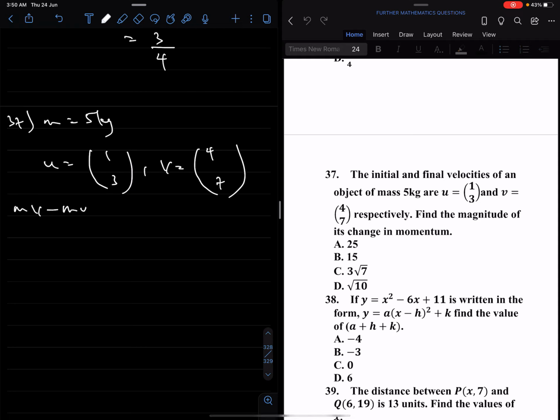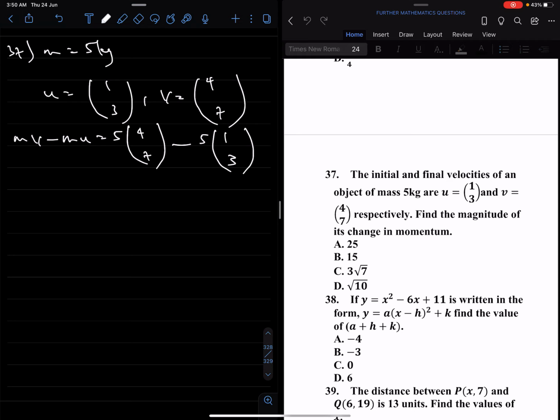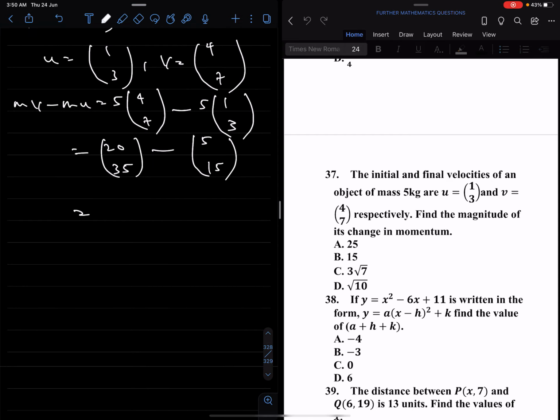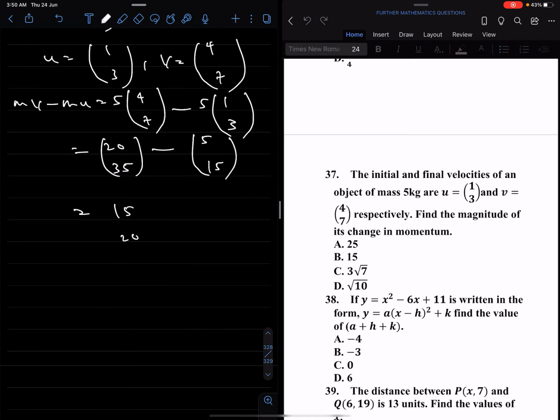Momentum is mv minus mu, and that's going to be 5 times 4, 7 minus 5 multiplied by u, which is 5 times the column vector 1, 3, and that means 20, 35 minus 5, 15, and that is the same as 15, 20.